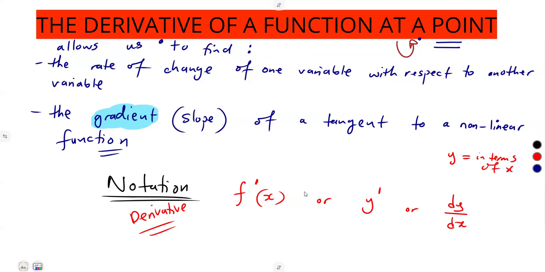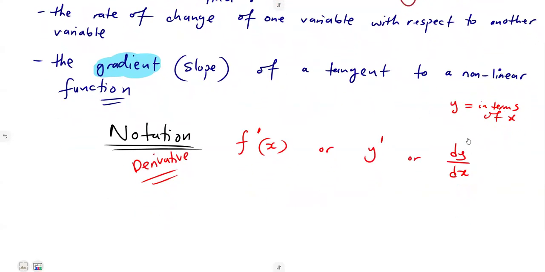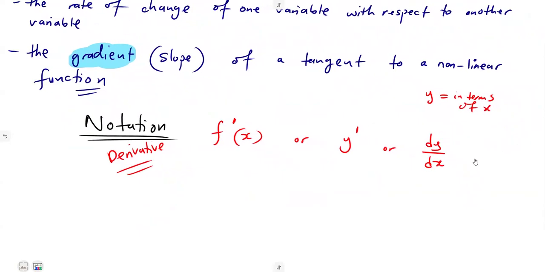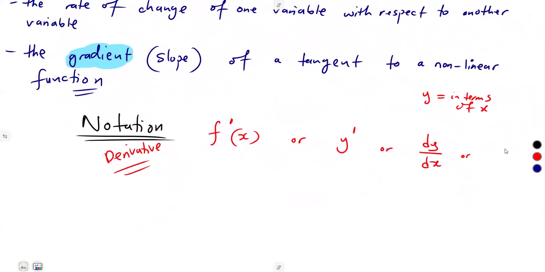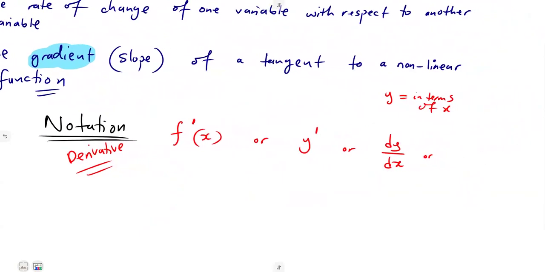It's gonna be f prime x, y bar like this, dy dx. These are notations representing a derivative of a certain function, or you can have this written as d of f of x. It's gonna be dx actually here, dx of f of x.